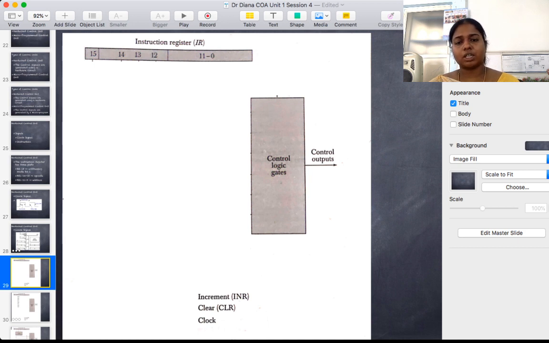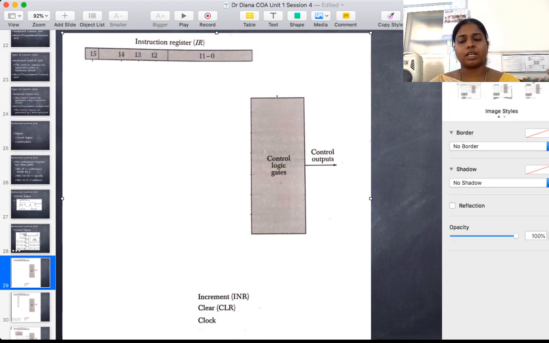Imagine this structure is a control logic gate. I need to prepare that circuit, and that circuit will generate control signals. To do that, the only inputs that I have are the instruction register and the clock cycle. Below you can see that there is a clock cycle.